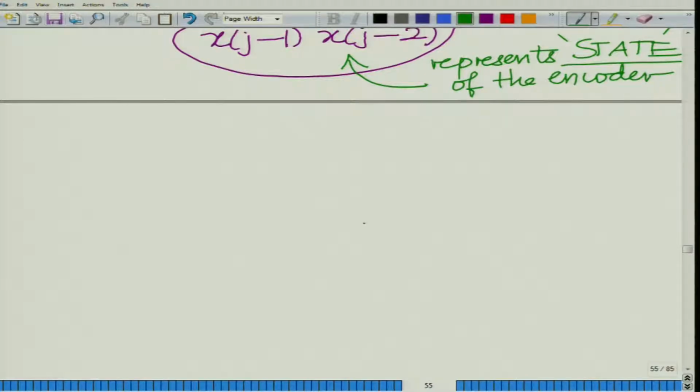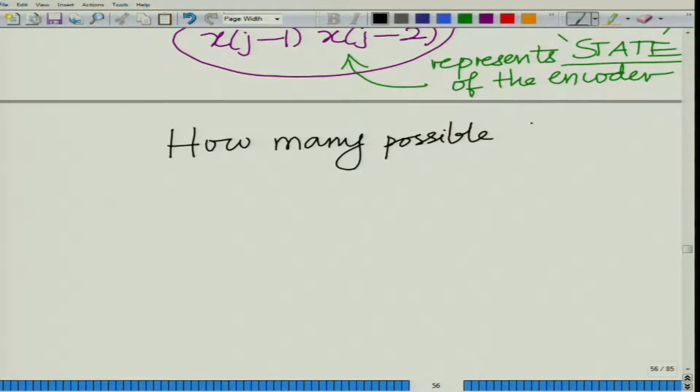And now one can ask the question, how many such states are there?